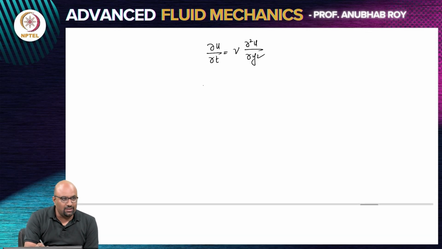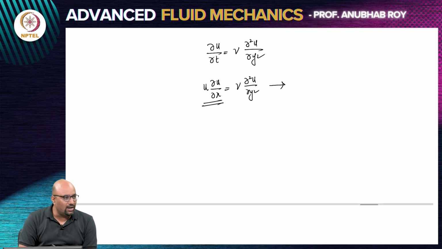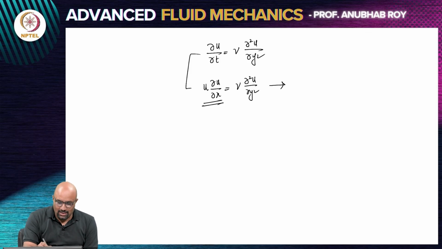Now if you think of the term that we have not taken, that term looks something like this. Let's say you look at the steady Navier-Stokes with the convective term, there will be a u dot del u term. So I've just written the term which is u dou u by dou x. Now look at these two equations.